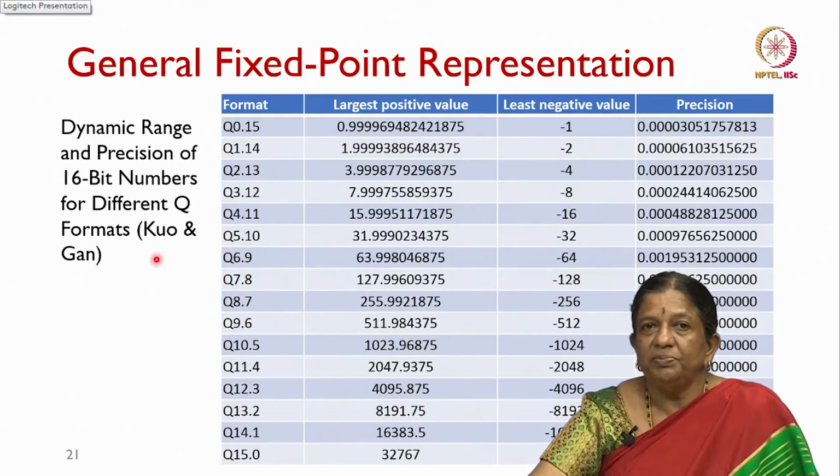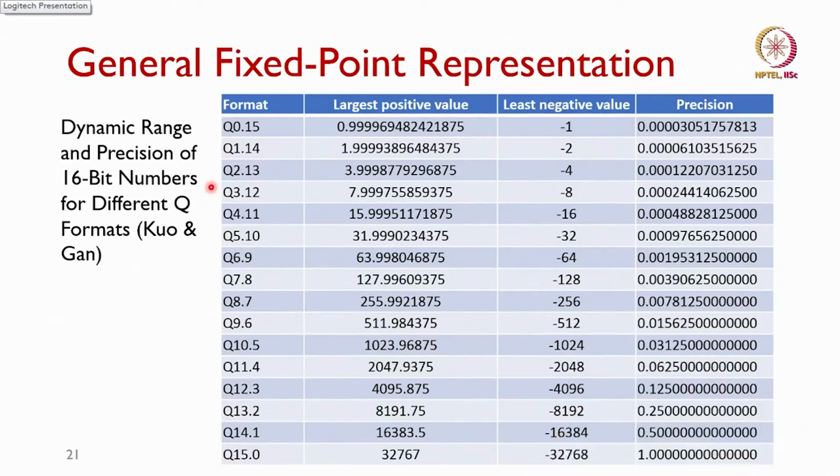So, coming to the general fixed point representation, we will see the dynamic range and precision of 16-bit numbers for different Q formats. This is also taken from Cohen and Gann. You will see the first one. As we said, the Q representation tells me how many fractional bits are represented to the right.